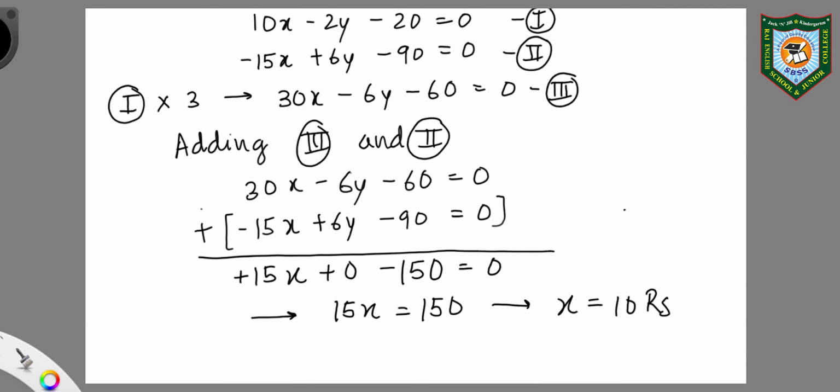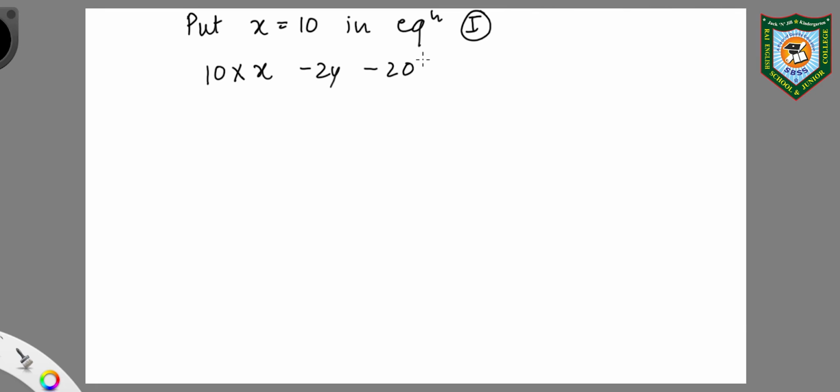Now once I get x equal to 10 rupees, I'll put the value in the next equation. Put x equal to 10 in equation 1. So here I have 10 times x minus 2y minus 20 is equal to 0. 10 into 10 minus 2y minus 20 is equal to 0.